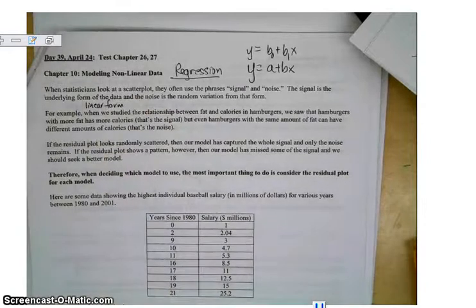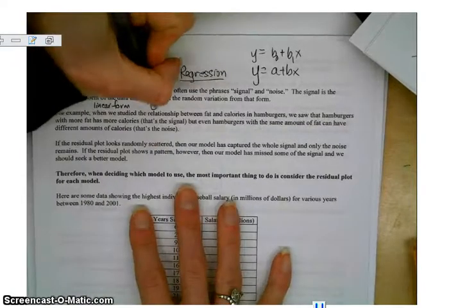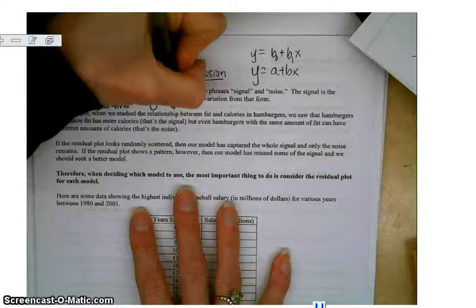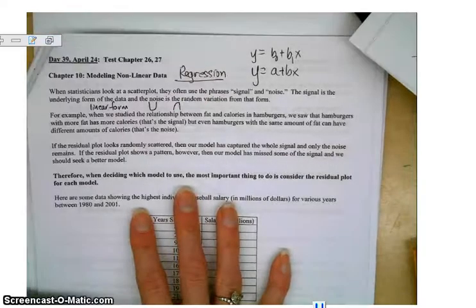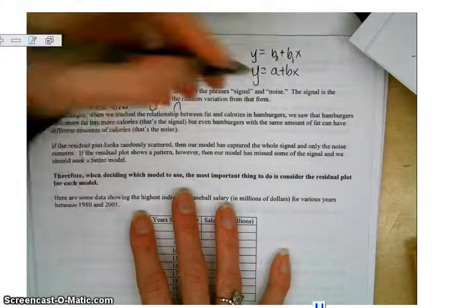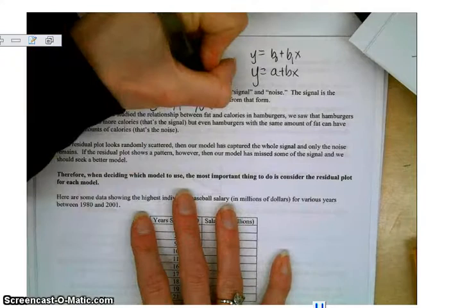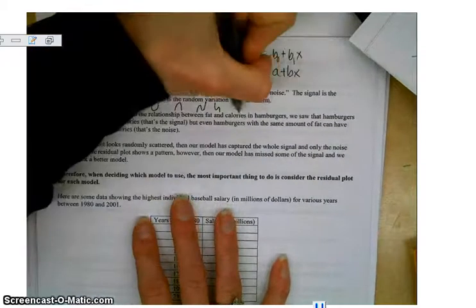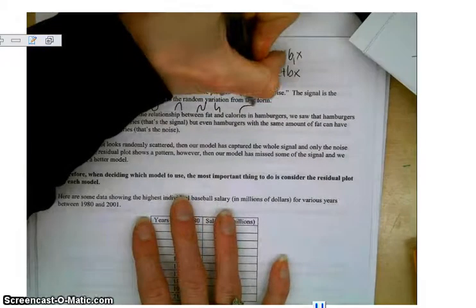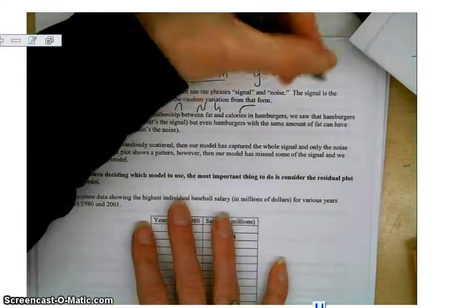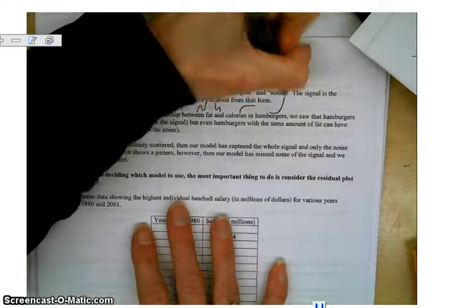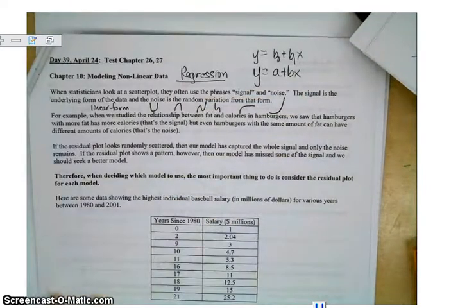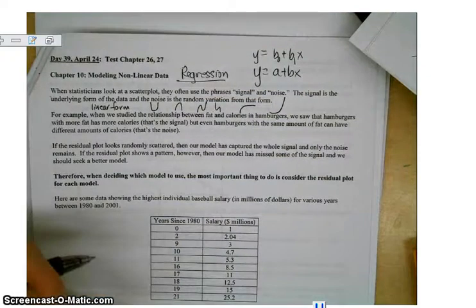So you could graph all kinds of things, from quadratic, which would be a curve up or down, a U or a hill. You could have cubic form, which would be just a couple of waves like this. You could have logarithmic form, which rises quickly and then tapers off. You could have exponential form, which just rises very quickly. So there's lots of different forms that you could have.